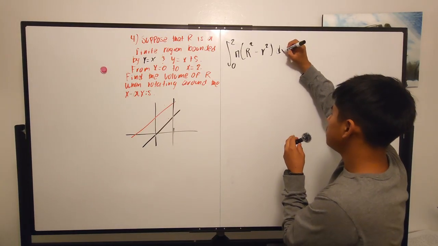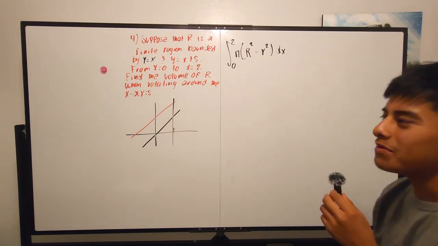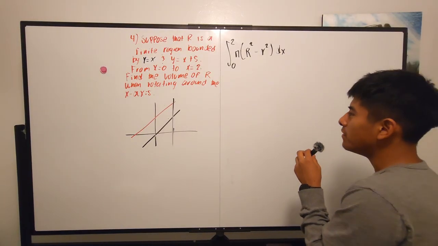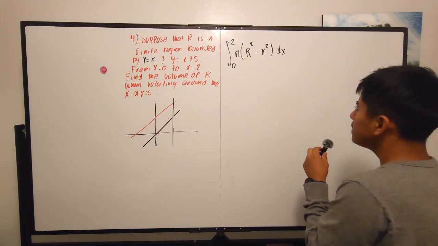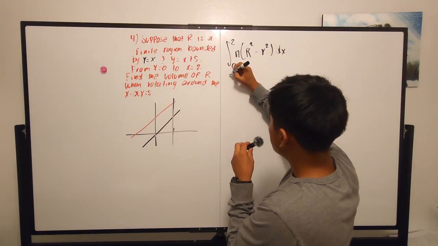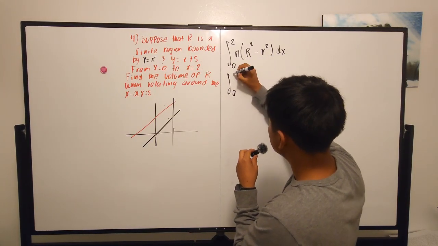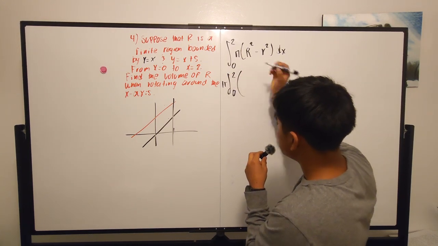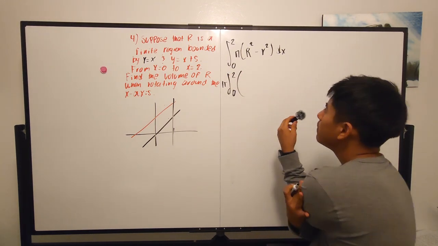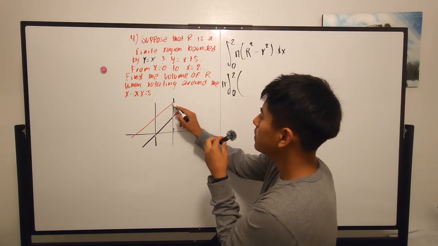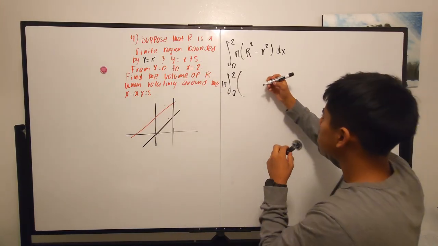In this case, it's going to be x. Anyways, we have these functions, so let's go ahead and plug them in. So we have from 0 to 2, and I'm going to take that pi out for right now. We have R squared, big R, which is the red one right here, the big radius, which is x plus 5.